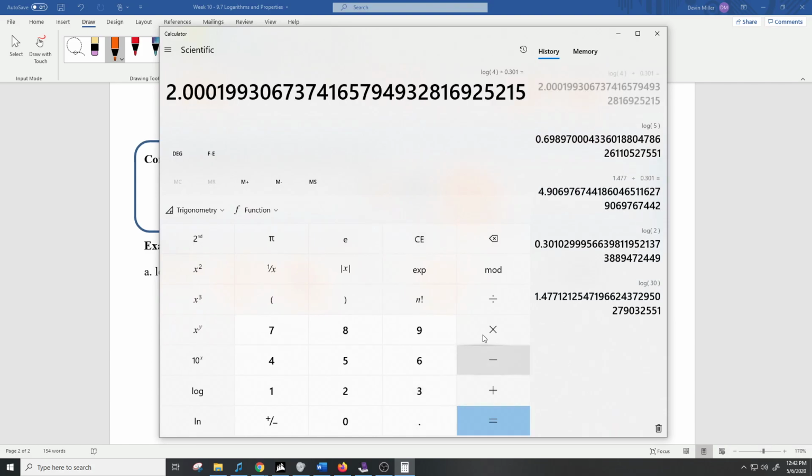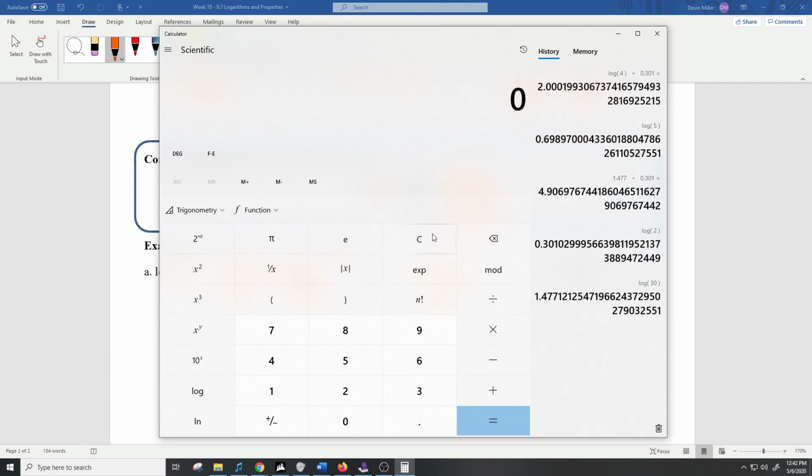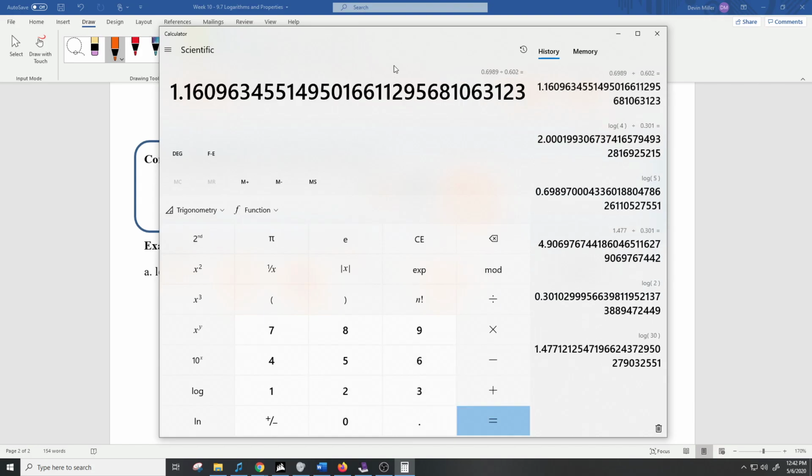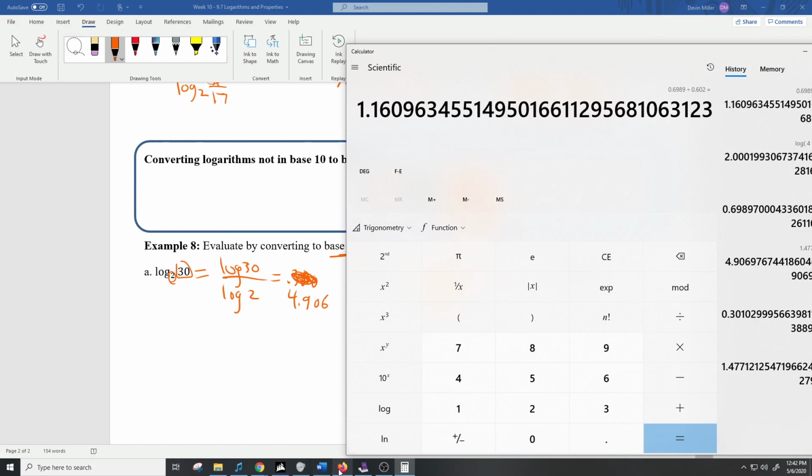Does it save them? 0.602. Okay, so 0.6989 divided by 0.602. 1.16. Let's hope that's even close to the thing you get in GeoGebra.